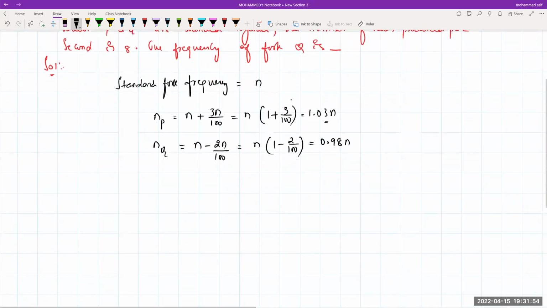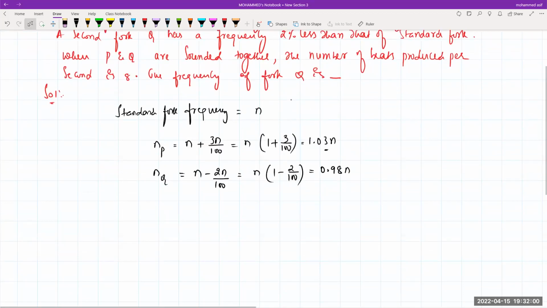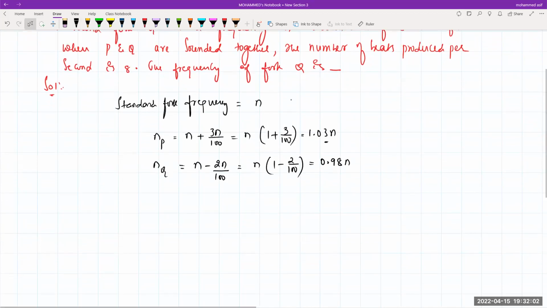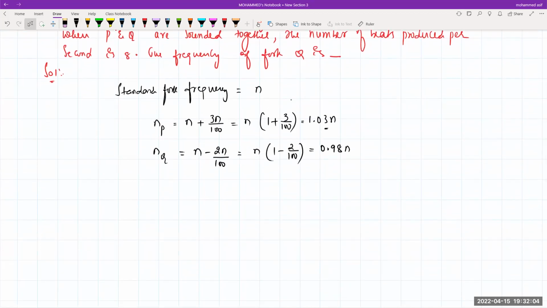Now P and Q are sounded together, so how many beats are produced? 8 beats per second, given in the problem. So the difference in the frequencies of P and Q is 8. Frequency of P minus frequency of Q is 8 beats per second.